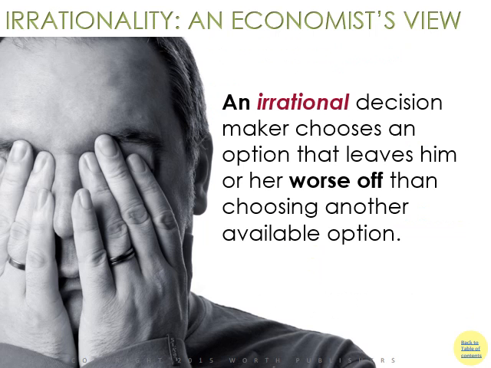So in the real world, there are many examples of decisions that appear to be irrational, meaning decisions that seem to put the decision maker in a position that's worse off than choosing some other option. Behavioral economics tries to study what the limits to rational decision making are.